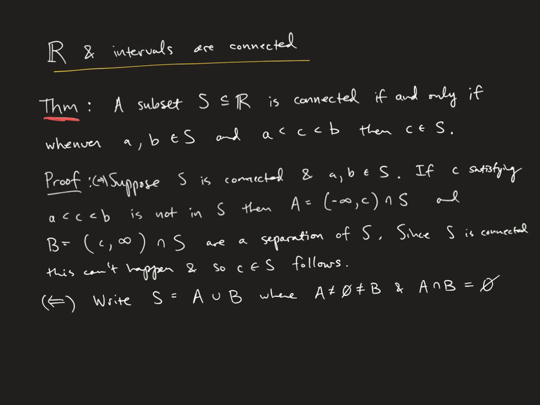Okay, so these are disjoint. And so what we want to show is there's a limit point of one of A, B that is in the other set.